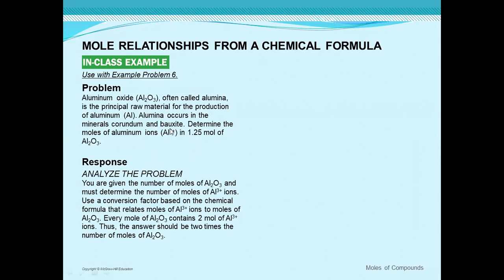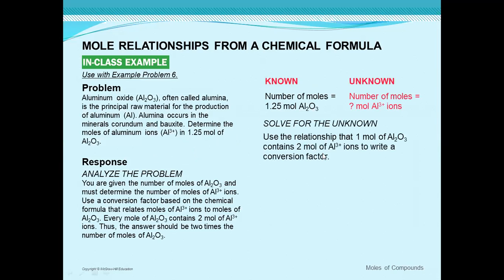Let's investigate the answer. Known: number of moles, which equals 1.25 mole. Unknown: number of moles of aluminum ions. How can we get it? Use the relationship that 1 mole of aluminum oxide contains 2 moles of aluminum ions.